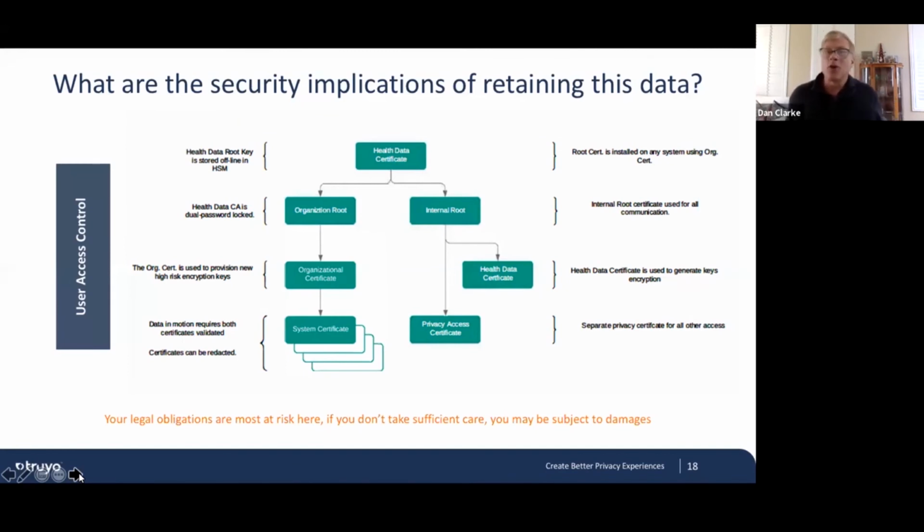So if you did have a compromise in the information, you'd be able to revoke that certificate, and effectively at that point, you don't even qualify as a breach if you've properly encrypted the data and revoked the certificate. We've gone to really pretty significant measures in our platform to make sure we maintain the security of this information. Do you think that is overkill, or is that kind of best practice for this kind of data?